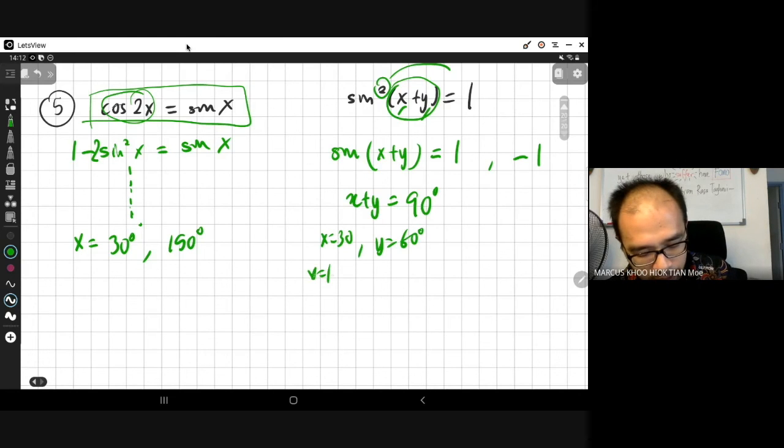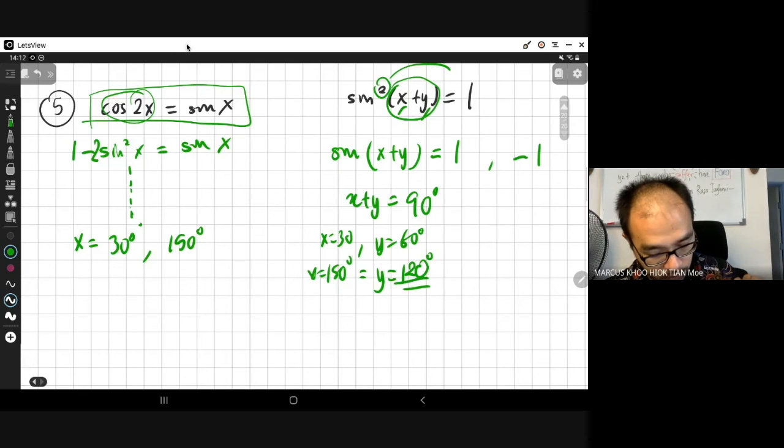If x equals 150, y equals 120. No, sorry, cannot want more than 120. If x equals 150, y cannot. You know why? Because they're maximum 90 only. So we ignore this.